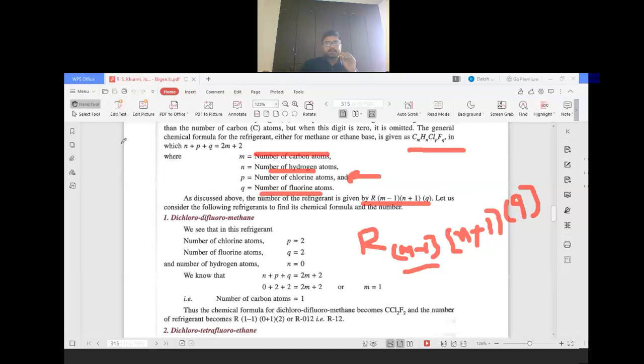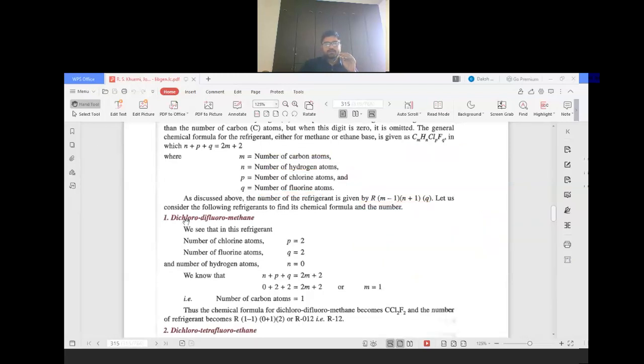Clear? So let us try it with some examples. Here one chemical name is given: dichlorodifluoromethane. Let us write the formula for methane. Methane, we all know, is CH4.